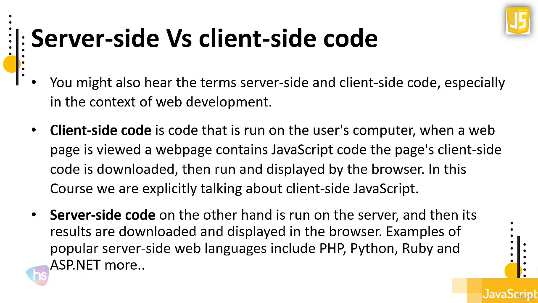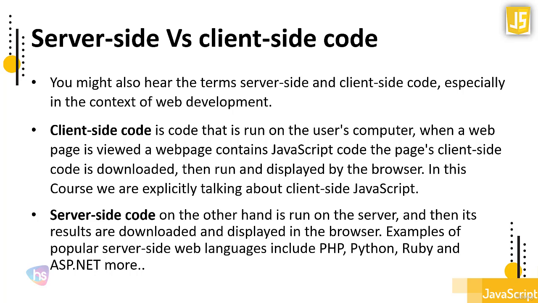See the differences between server side and client side. What is the difference? You might hear the terms server side programming and client side programming, especially when you are dealing with web applications or web development. Client side code runs on the user's computer itself. It may be a desktop, it may be a browser, wherever it runs, it won't depend on any other server or resources.